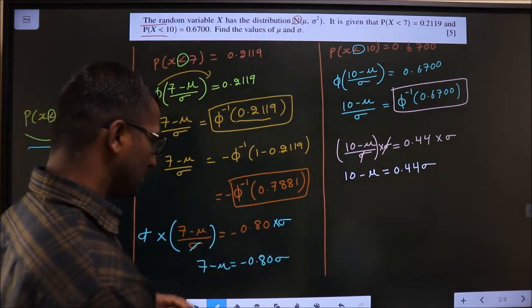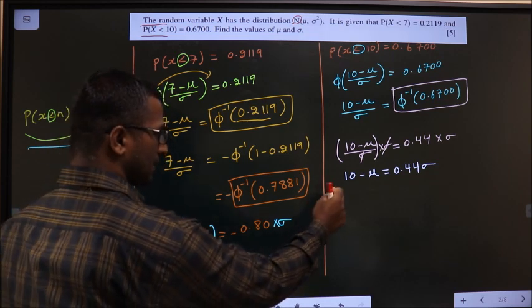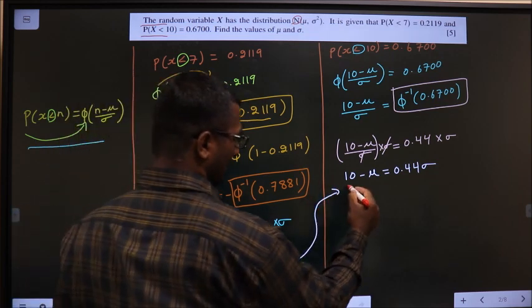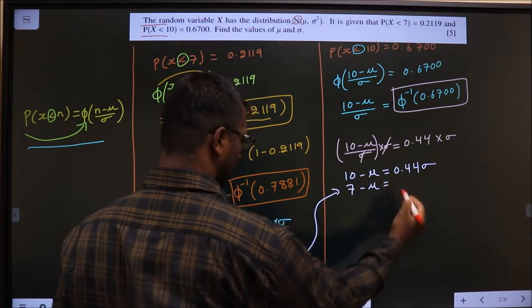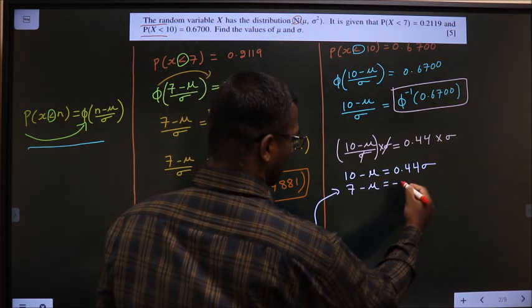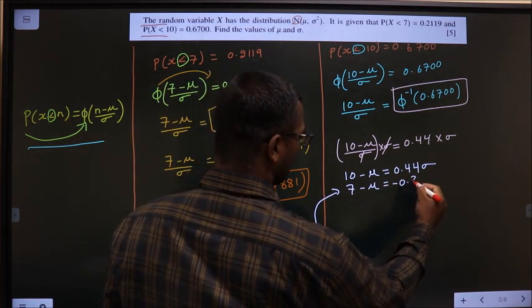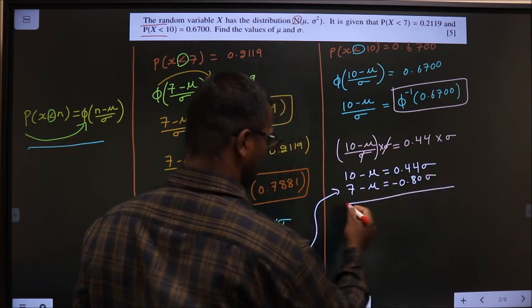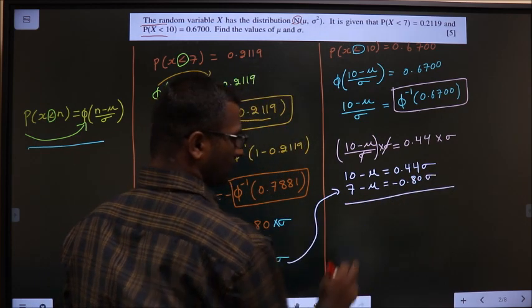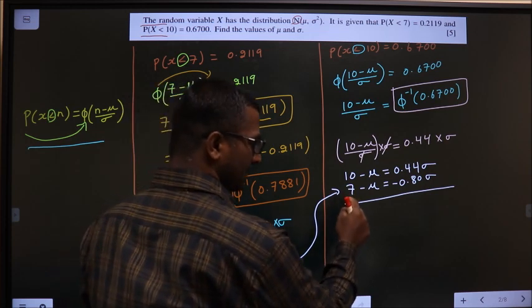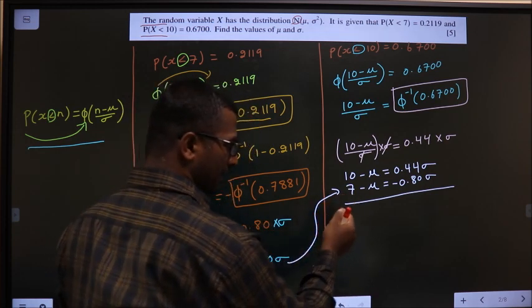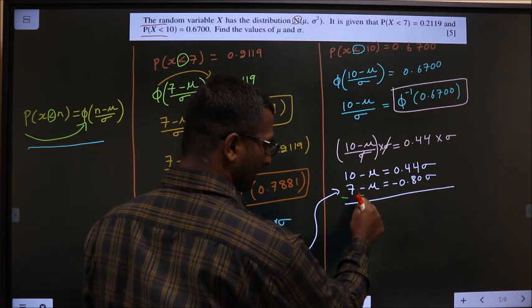Next, I write this equation below this, that is 7 minus mean equal to minus 0.80 standard deviation. Now I have to subtract, which means change the sign.